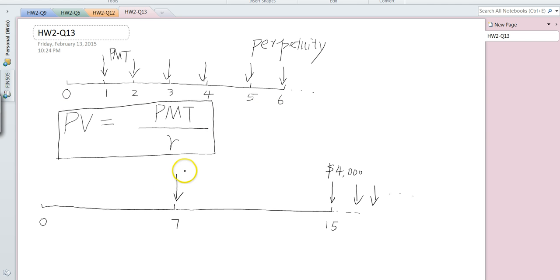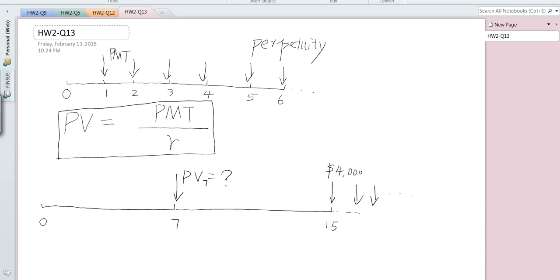So relative to date 15, this is earlier, so we can call that present value, but it's a present value in terms of year 7. It's not the true present value in terms of year 0. It is the present value in terms of year 7. So it's asking about this number.